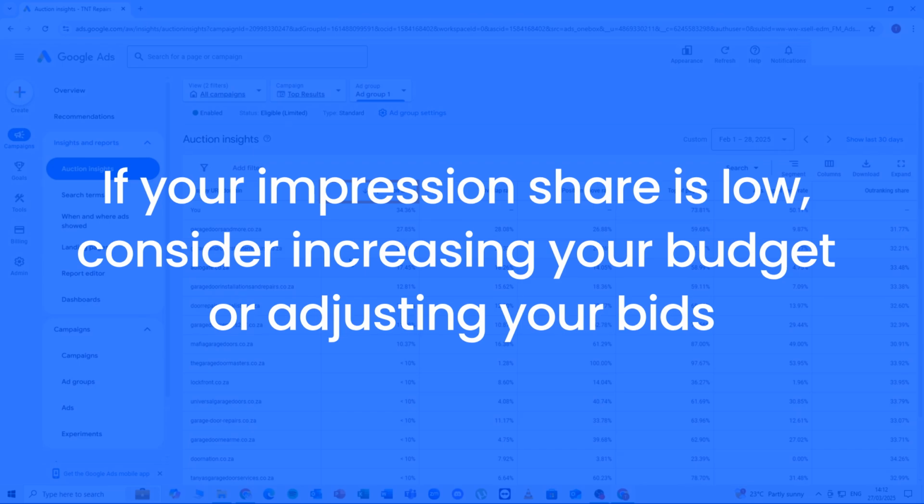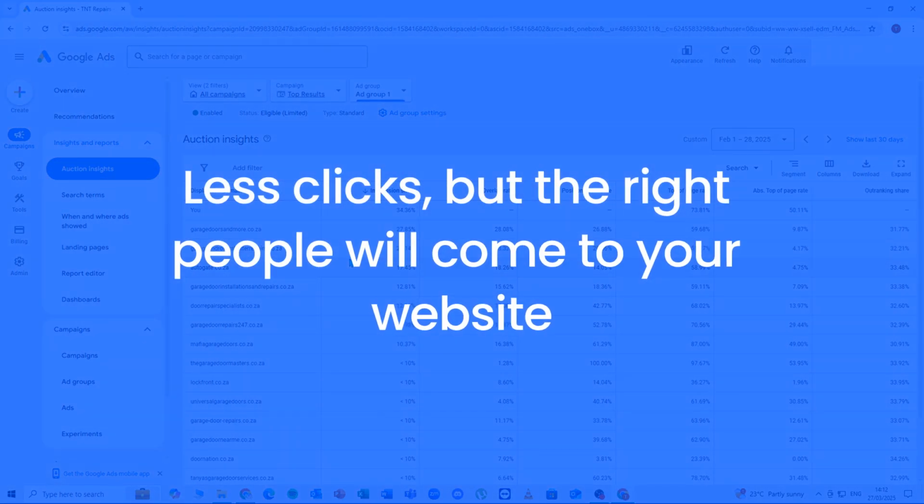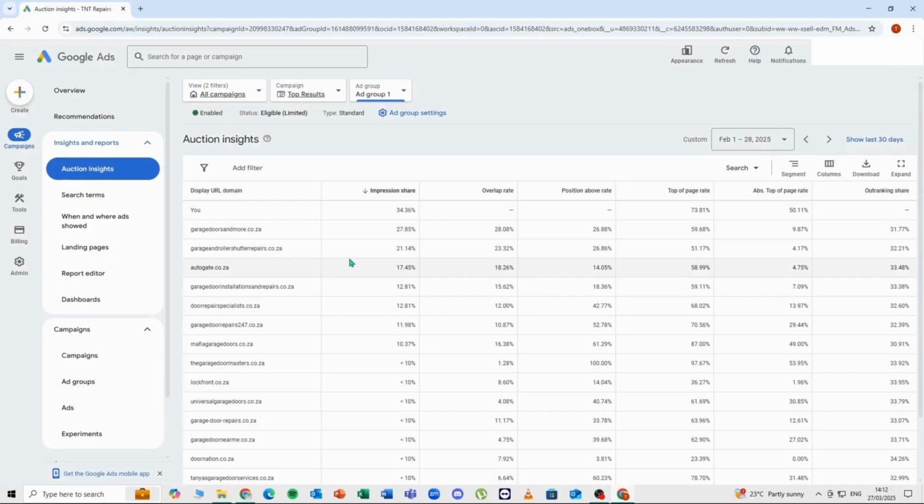And so if you don't increase your budget, you might be in a situation where your ads aren't running during peak performance time because your budget's running out too quickly, or it could just be that you're bidding too low and you just need to increase the amount you're willing to pay for a click. Yes, it would mean that you get fewer clicks, but again, it's about getting the right people to come to your website and not every Tom, Dick, and Harry.